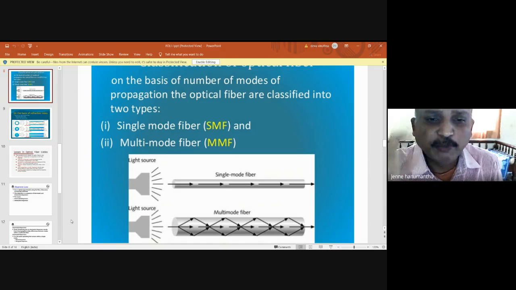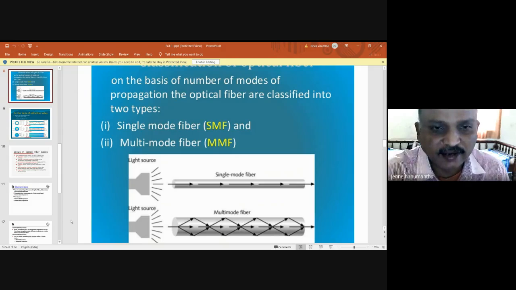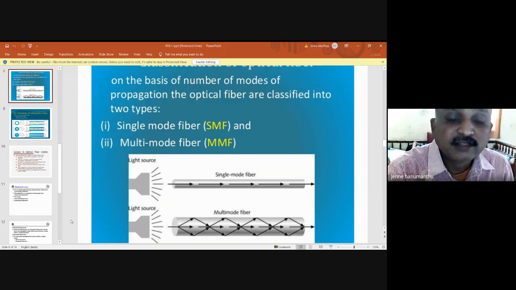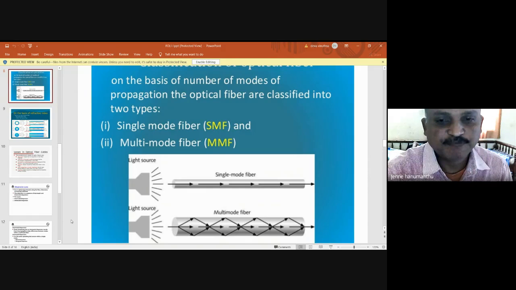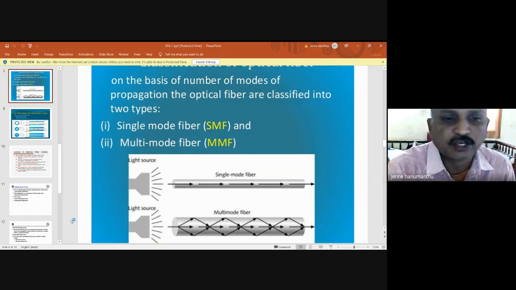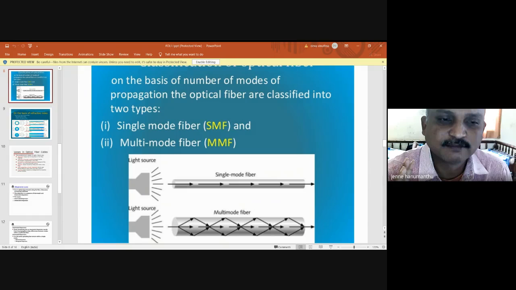Once you place this photodiode at the end, whatever light is emitted from the end of the fiber will fall on the detector. When the light falls on the detector, the photons are converted into electrical signals, current and voltages.